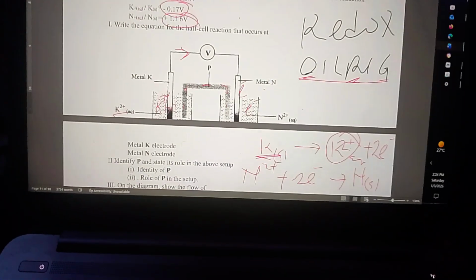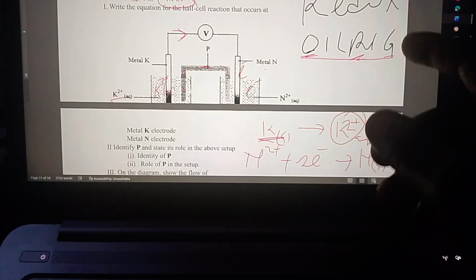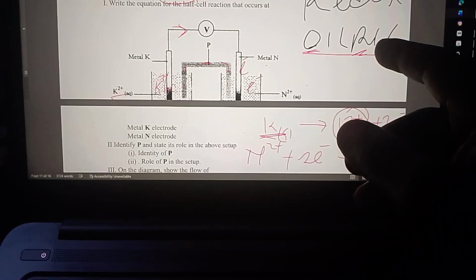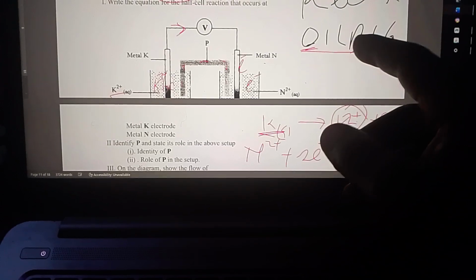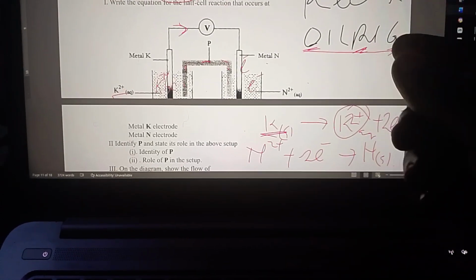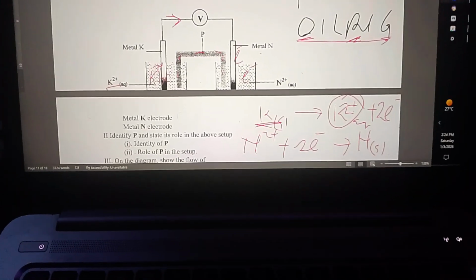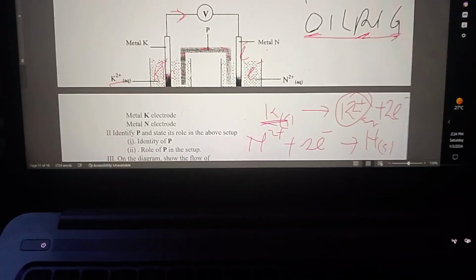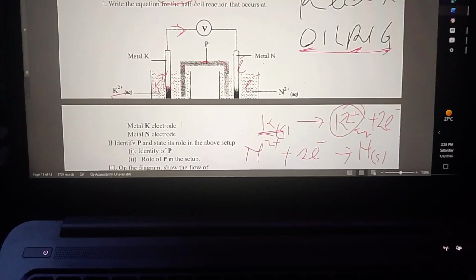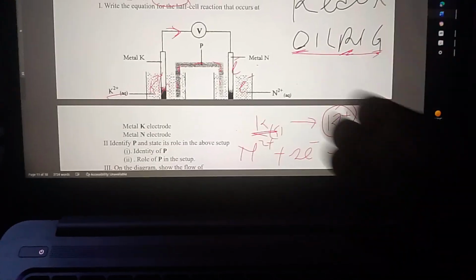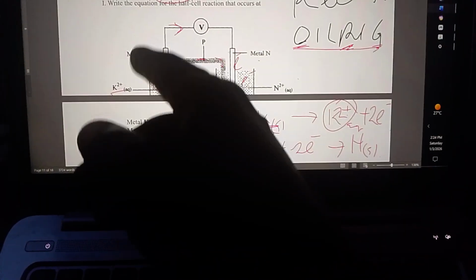Then on the right hand side we are having the reduction. This R represents our right, having a reduction happening there, and this is a gaining of electrons. So this is reduction, this is oxidation, losing of electrons, and the electron is being lost here.